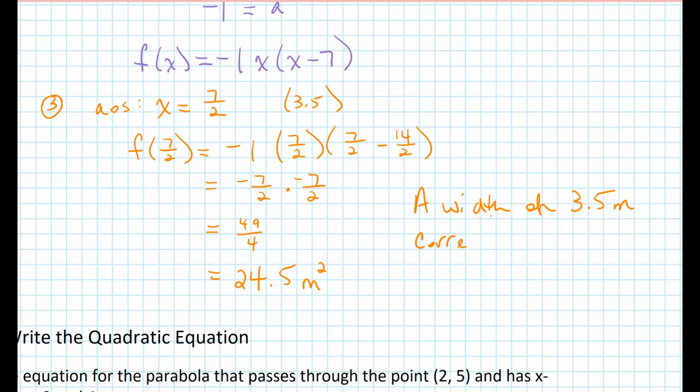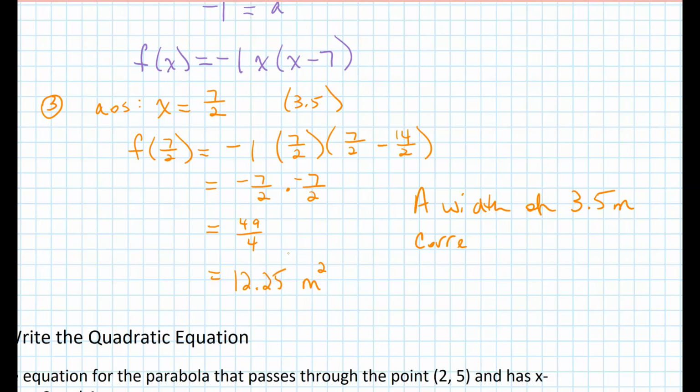What is it? 49 divided by 4. Wouldn't that be 24.5 divided by 2? Oh, I just did it by 2, didn't I? Okay, what is it by 4? 12.25, thank you.